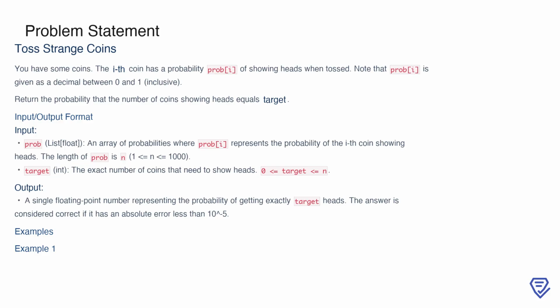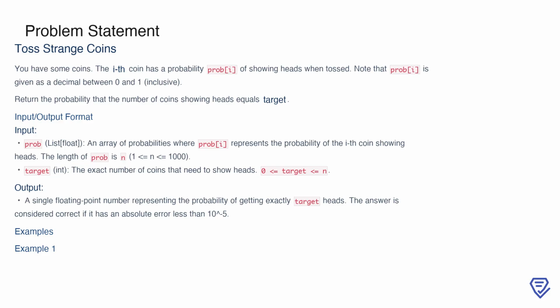For the input, you will receive two pieces of information: the list of probabilities, which we'll call prob, and the target number of heads, which is an integer. The output will be a single floating point number representing the probability of achieving exactly that number of heads, and it will be considered correct if the absolute error is less than 10 to the power of -5. This means we need a precise computation to ensure the result falls within this margin of error.